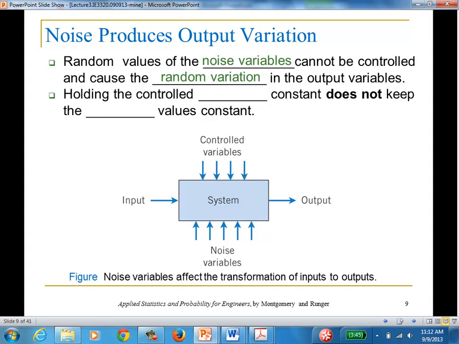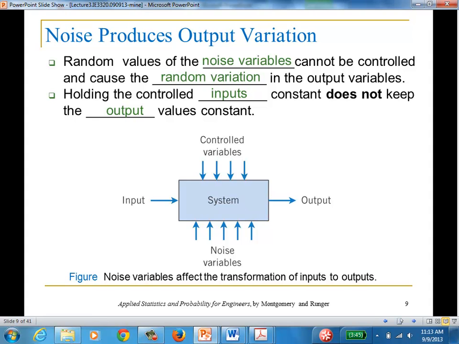So we know that there are some noise variables, some random variation. It could be the environment that is affecting this system. And at some point, if you don't perform any maintenance, you're going to have to fix your car because of something happening. Okay? So holding control inputs constant does not keep the output values constant.